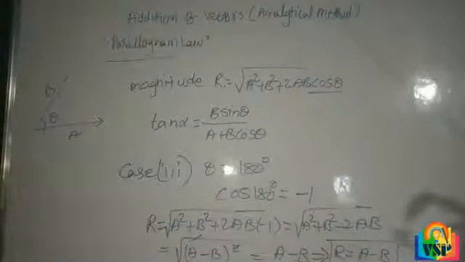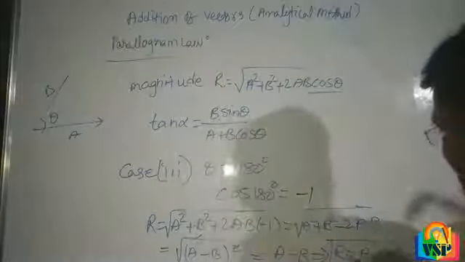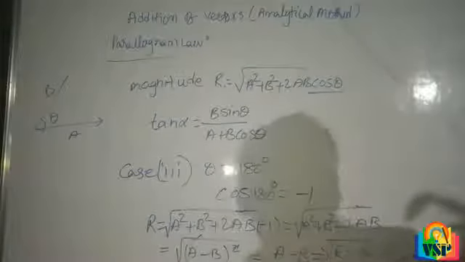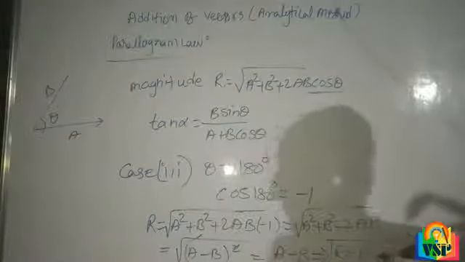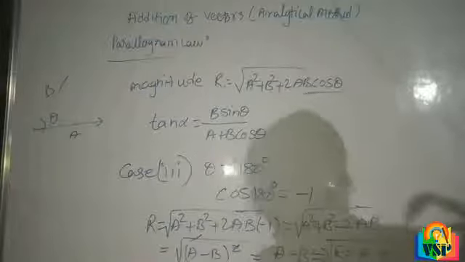It means the b vector is rotated 180 degrees, so this is the subtraction of vectors. R is equal to a minus b, based on the subtraction of vectors.